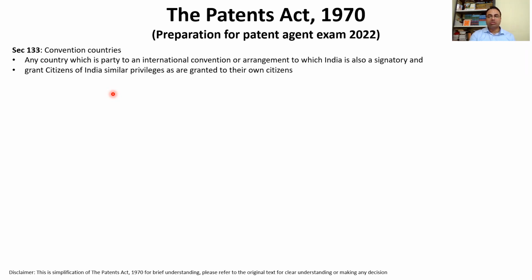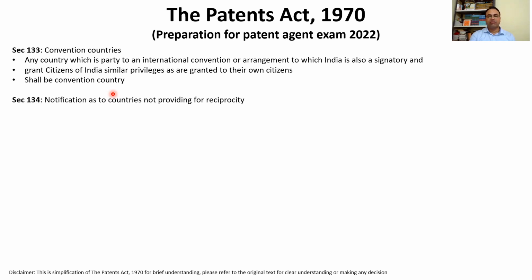They should not discriminate between their citizens and Indian citizens. Then in that condition, if any citizen of their country files in India, we will also provide similar treatment. So this is called a convention country.